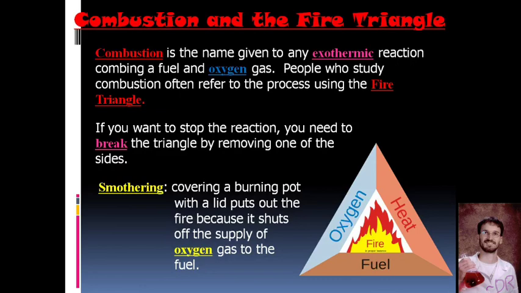Now, don't do this with your hand or with something that is flammable itself, because when you cover it, there's still some oxygen in there, and if whatever you cover it with is flammable, that can then catch on fire. So in a kitchen, if you get a fire on your stove in a pot, have a lid handy and cover that pot, and the fire will go out.